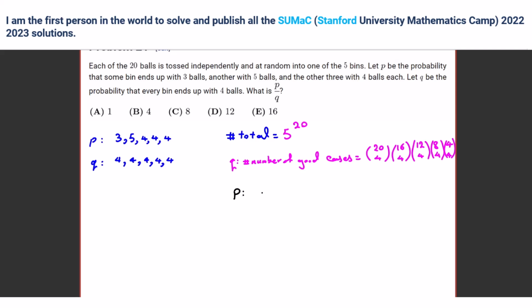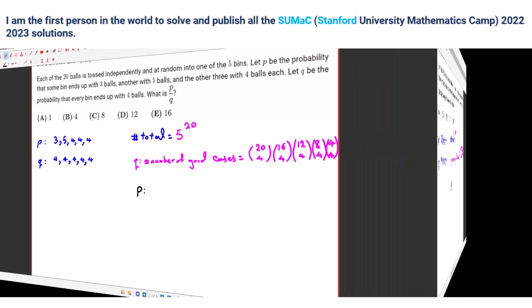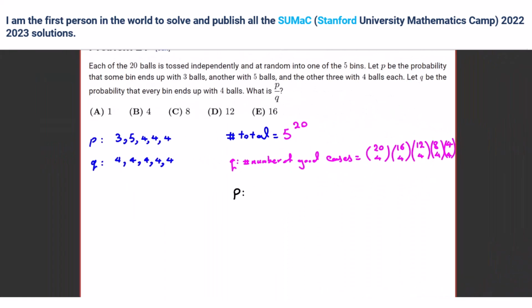Now, number of good cases. Want to try the rest on your own? So I got something like 576 over 720, but the problem is even after simplifying, that still isn't correct. Let's see.